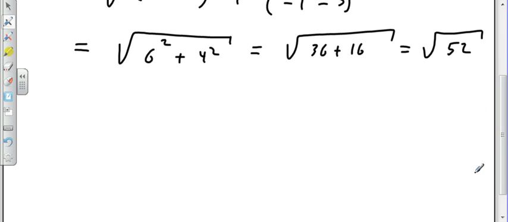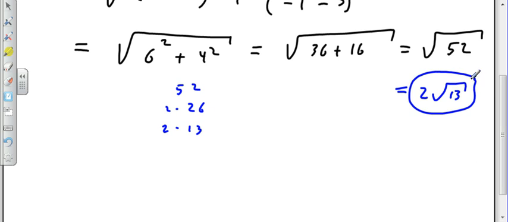And I'd put that on my calculator to get a number, but my calculator's in my pocket. It'd take a long time to get out. So I'm going to look at 52 and say that that's 2 times 26, which is 2 times 2 times 13. And I'm going to change this to 2 times the square root of 13. We'd call that exact mode. What is the name of this class?